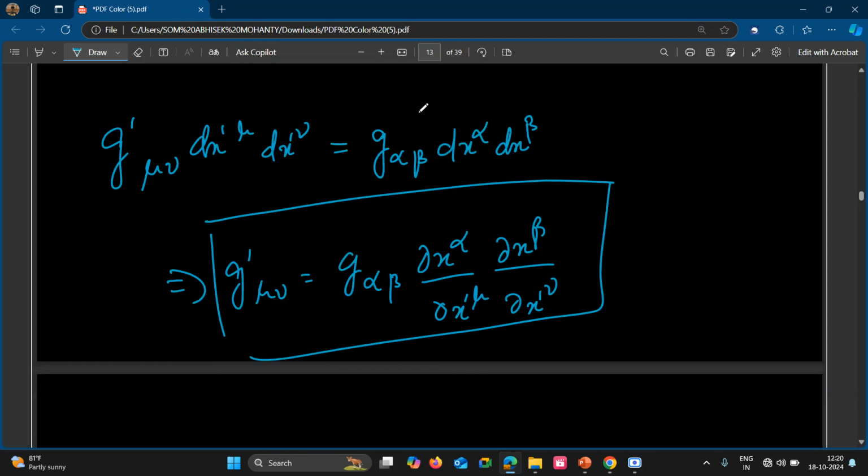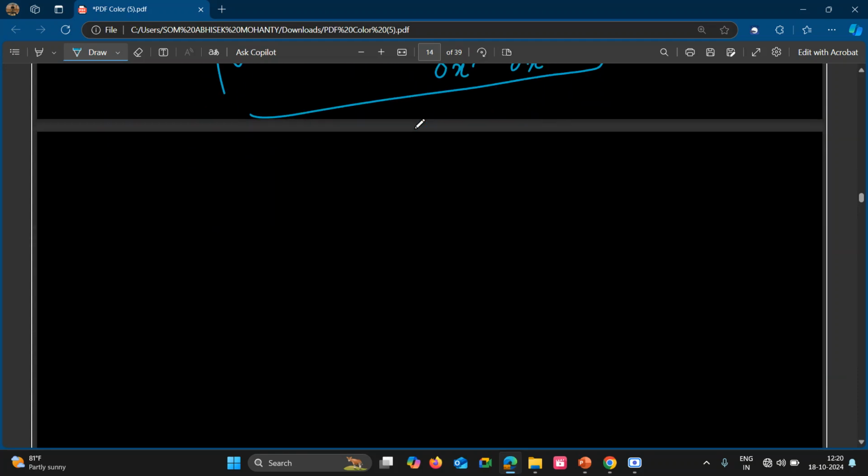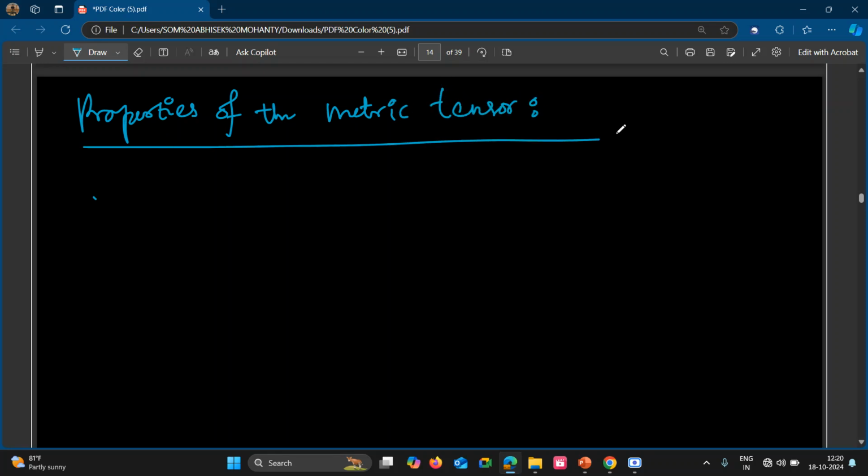So let's see the properties of the metric tensor. The first property is that it is symmetric under the interchange of indices.